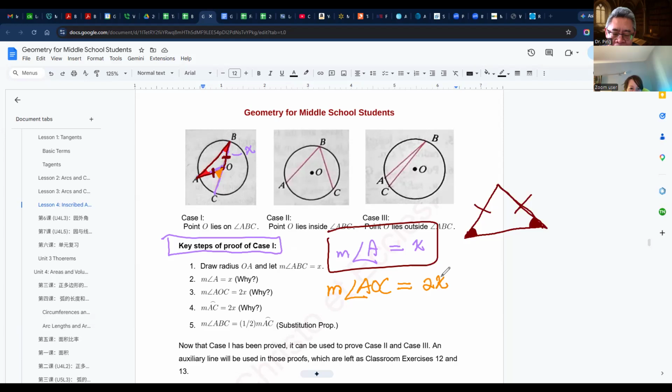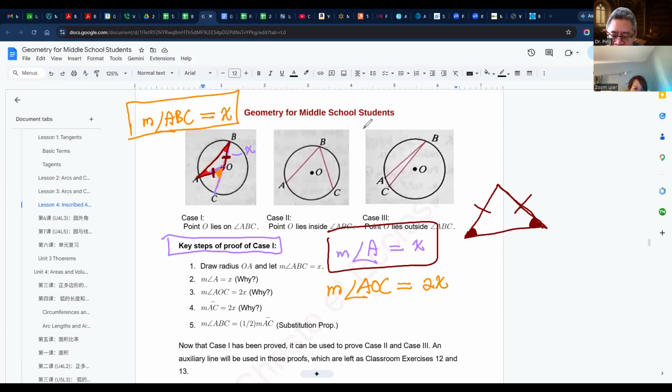First of all, we define x as angle ABC, which is angle B. So that's a definition.